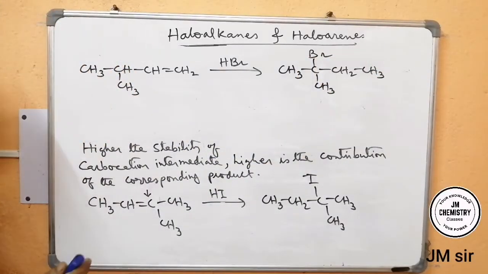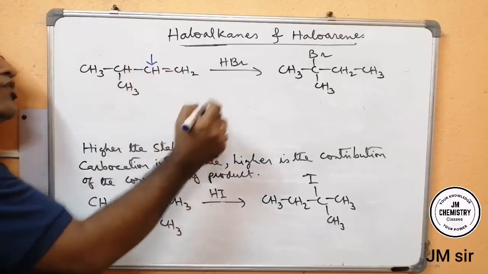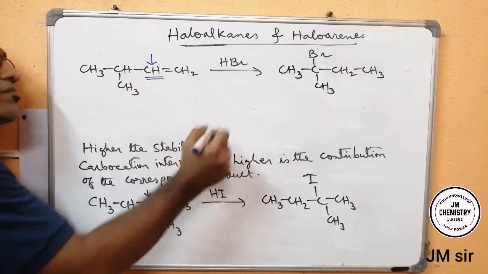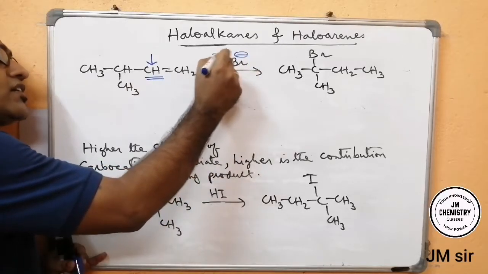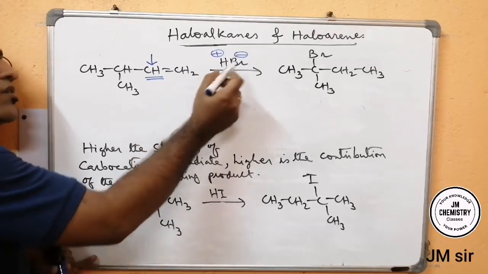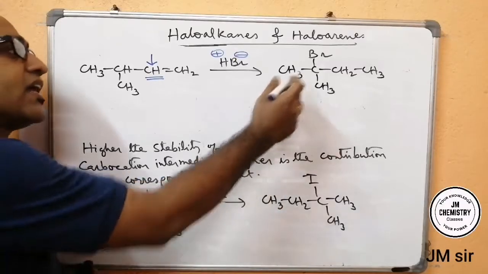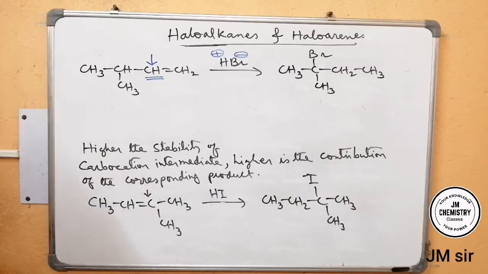Initially from Markovnikov rule, we will think that the bromine will come at this carbon atom because bromine is negatively charged, hydrogen is positively charged. According to Markovnikov rule, the Br- will come to this carbon, but here something else is happening. This is called rearrangement of carbocation.